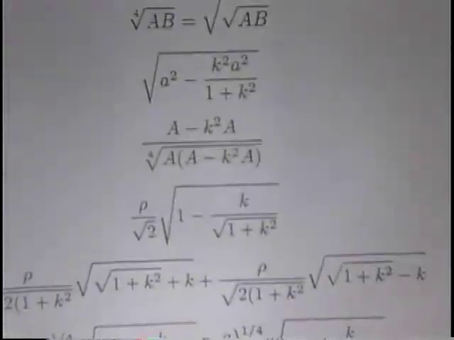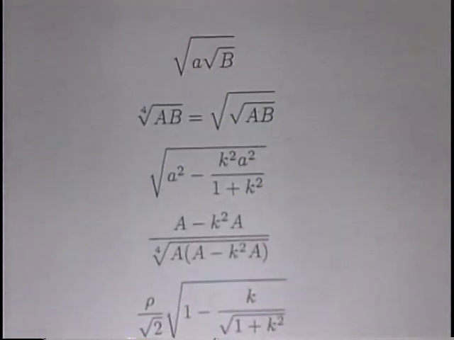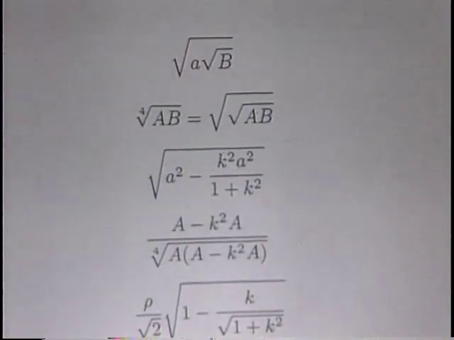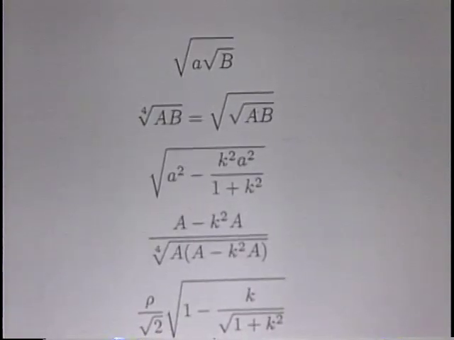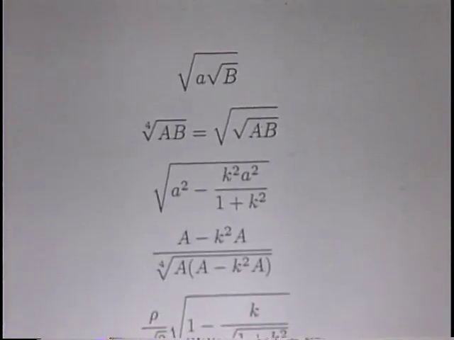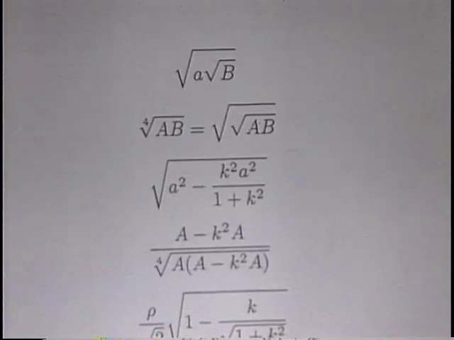So you can see the various special kinds of numbers that Euclid studies in his Book 10, and they're all numbers that can be obtained by repeatedly extracting square roots. So we have one square root here, the square root of 1 plus k squared.